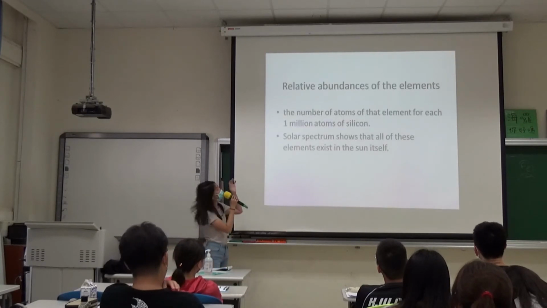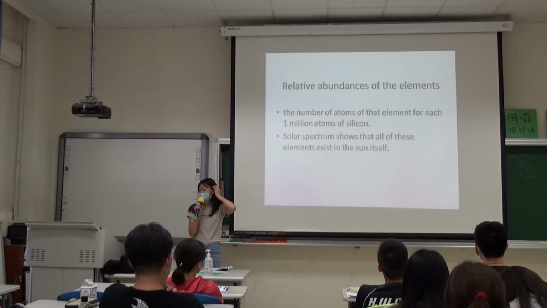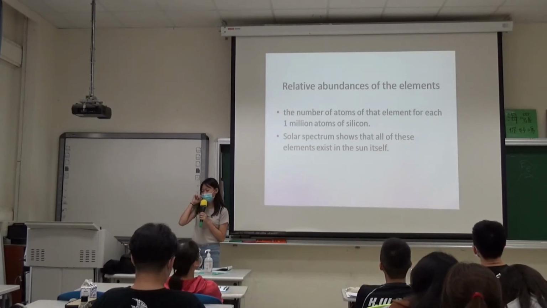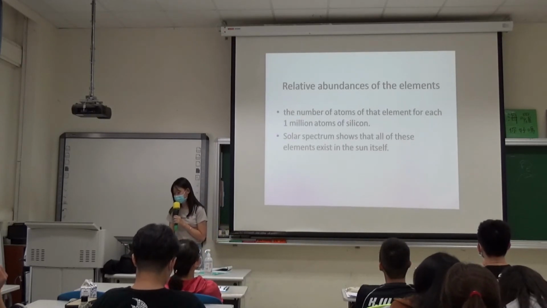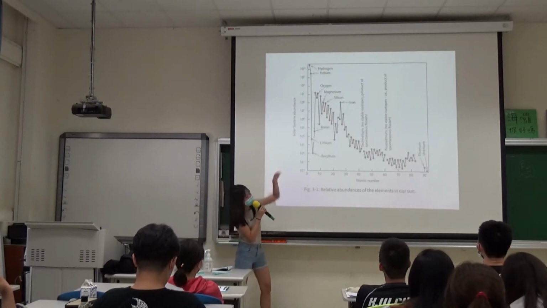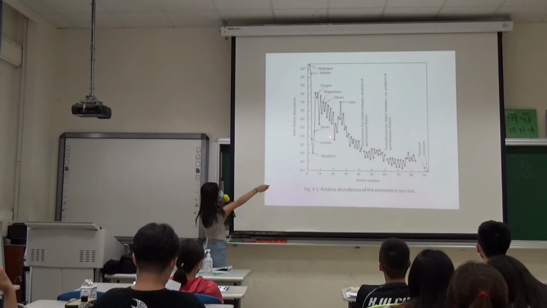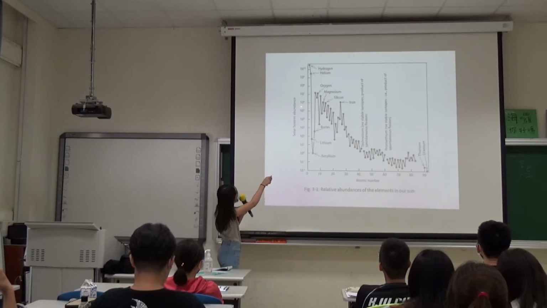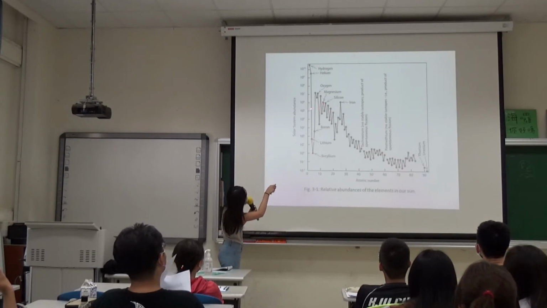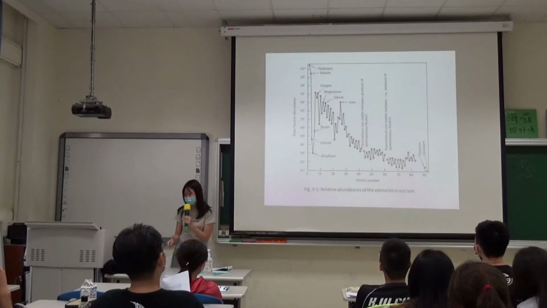The relative abundance of an element is the number of atoms of the element for each 1 million atoms of silicon. You can find silicon on the x-axis there. It is 10 to the 6, which is 1 million, right?